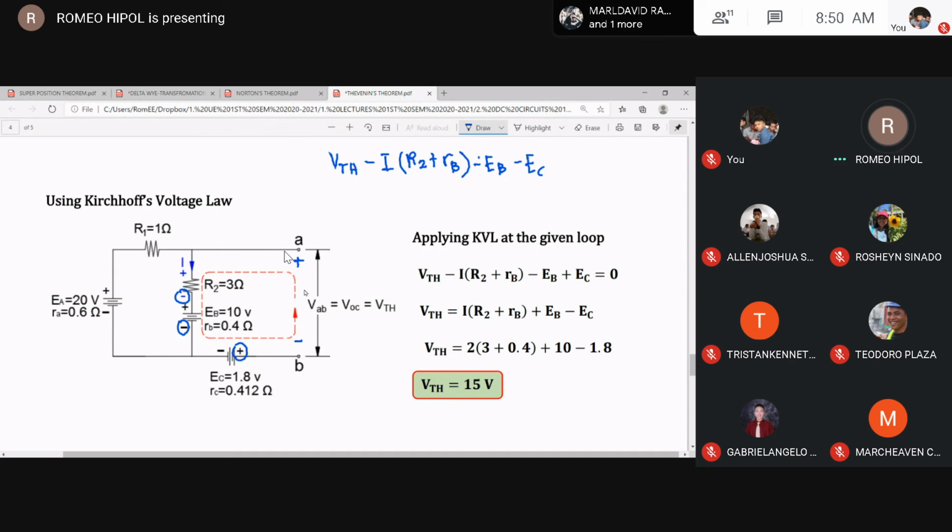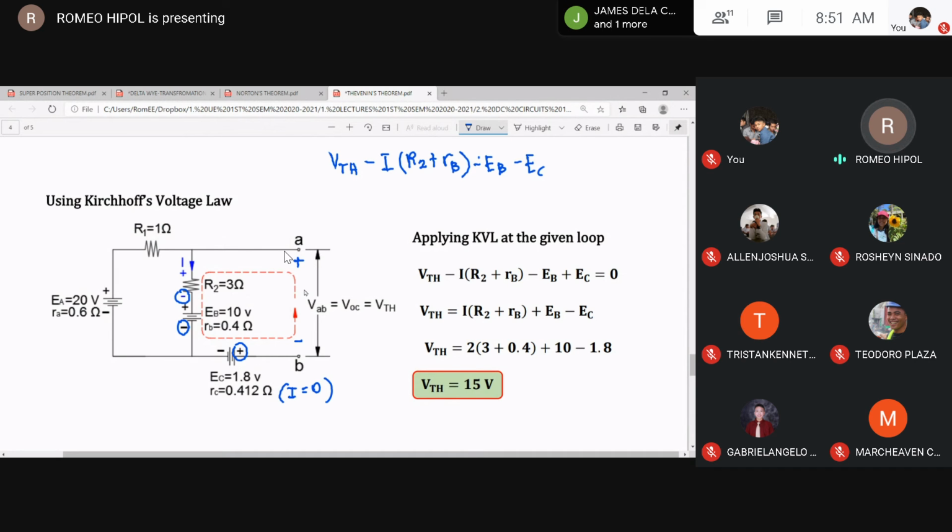Actually, hindi na. Kasi take note, walang current na dumadaloy dito. Bakit walang current? Kasi yung circuit connection niya is open. Naintindihan? Ulitin ko, ang current lang will flow at a closed circuit.